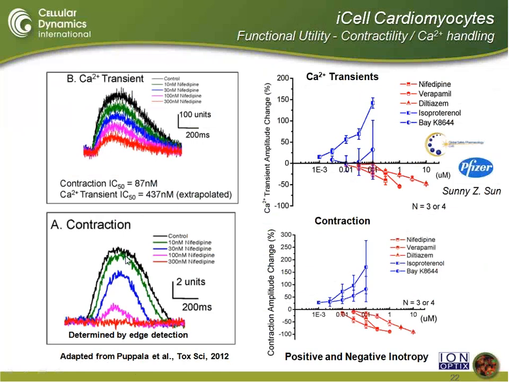But you also see the decrease in contraction, as calcium is very important for cardiomyocyte contraction. And so when you add compounds that increase or decrease the contraction strength or the calcium, you see that as well on the IonOptix, which shows the iCell cardiomyocytes have the potential to be a good positive or negative inotropy model, looking at contraction strength, which is something that you wouldn't find looking at just normal ion channel activity.